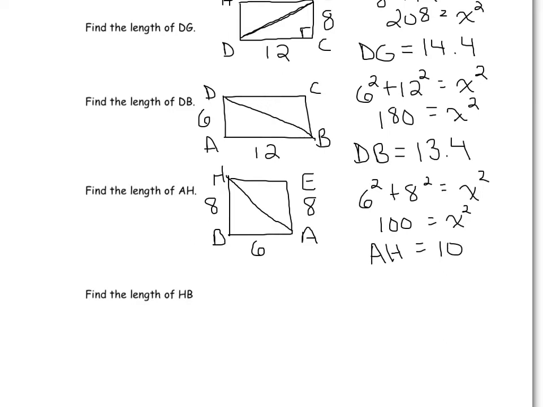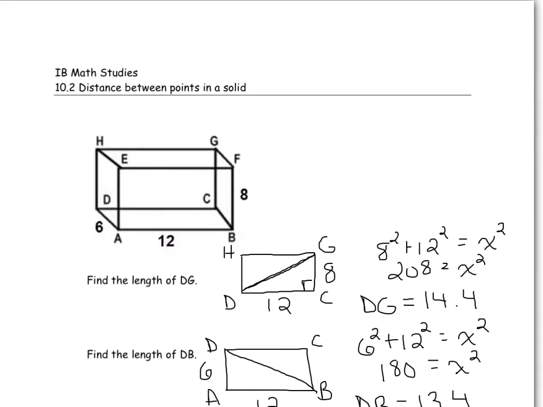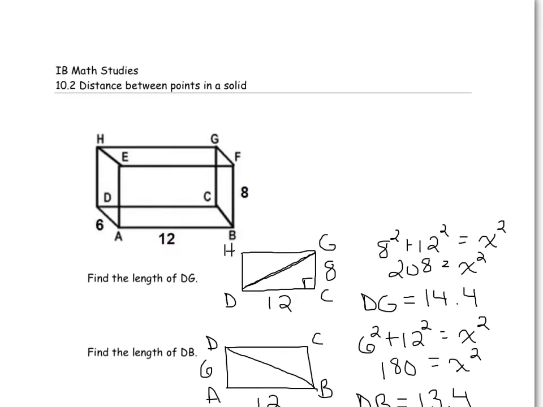The last one is a little bit harder to visualize. HB. So let's go back to our figure. HB. Well, here's H, and here's B. So it's going through the box from one corner to the other.